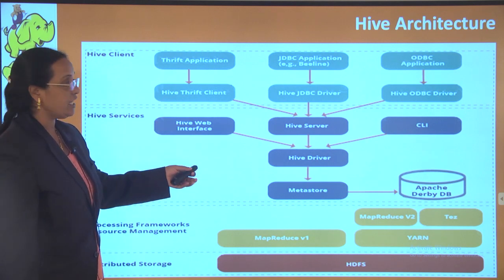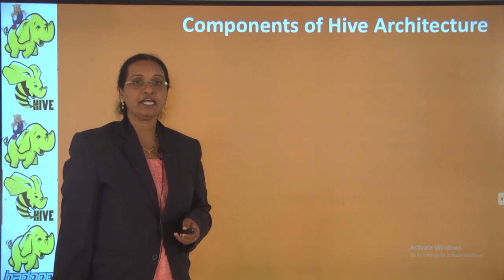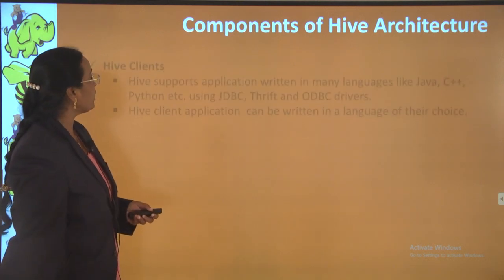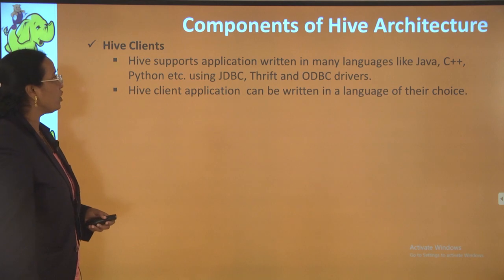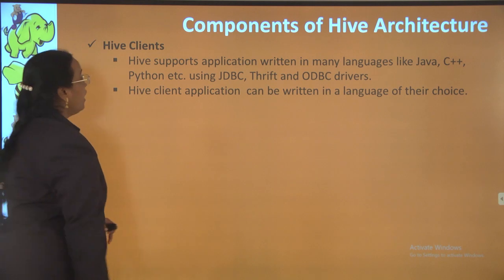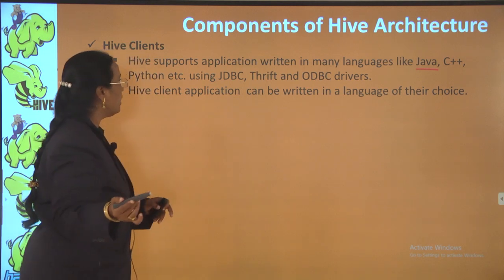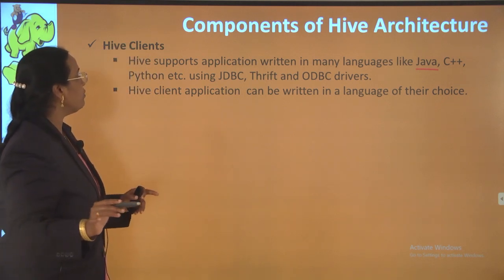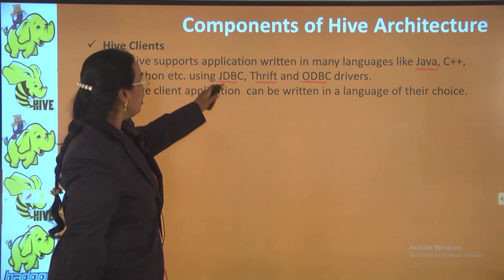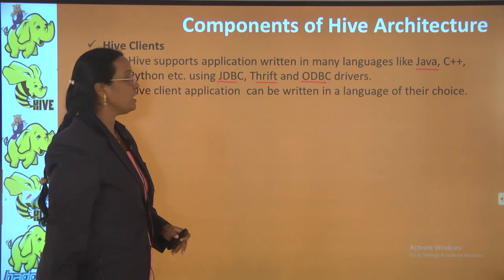In detail we are going to see the Hive architecture. For better understanding, we have divided the Hive architecture into different components. So what are the important components? The Hive client is one important component. Hive supports applications written in many languages like Java, C++, Python, etc., and they can make use of JDBC, ODBC or Thrift drivers, because unless you use these drivers, you cannot connect to Java or C++.